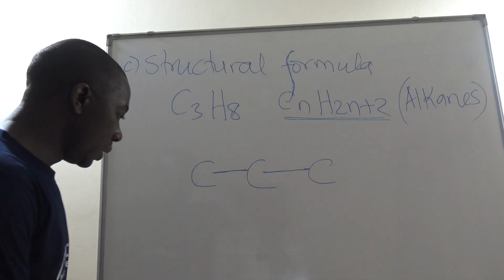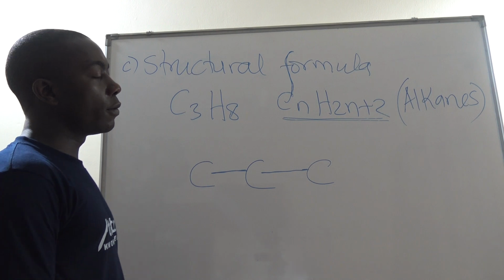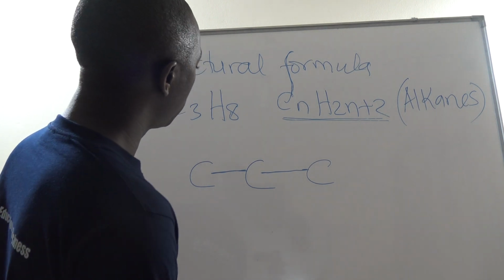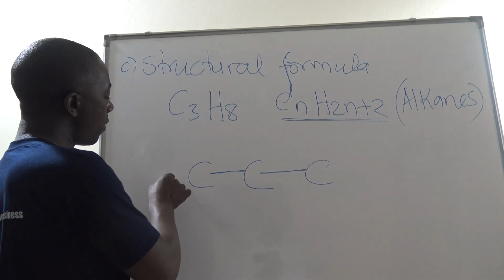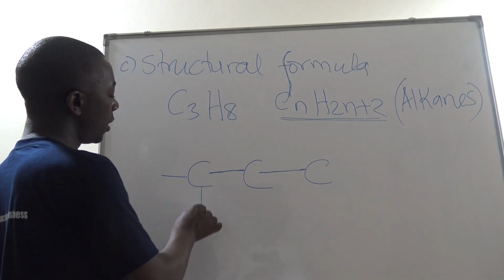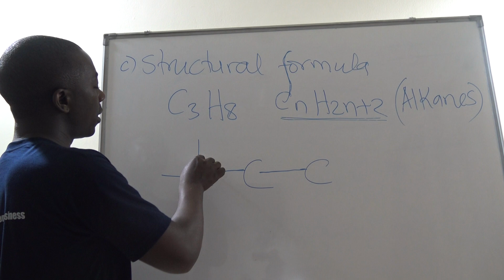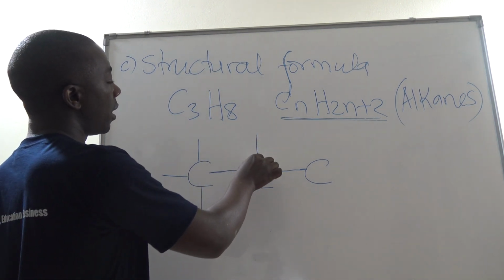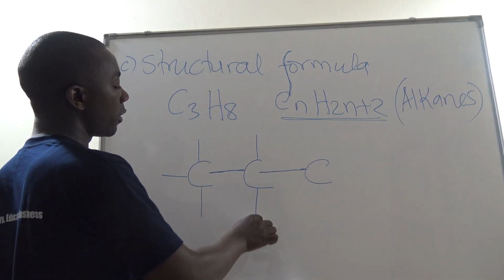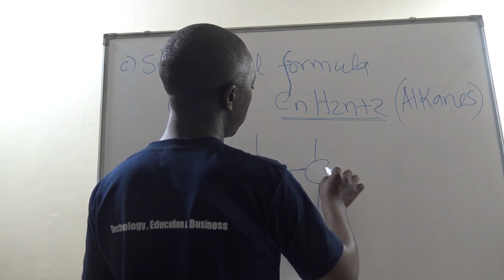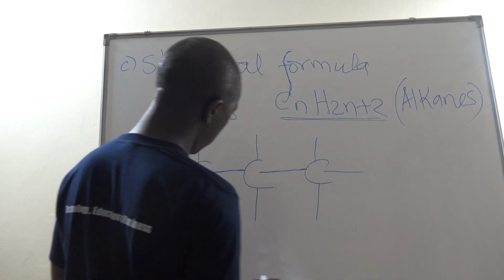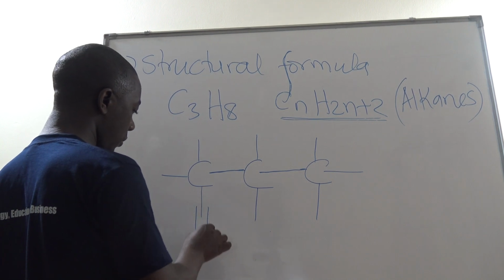Catenation is the ability of carbon atoms to form long rings and chains. Now, each carbon atom should take a maximum number of 4 bonds. Every carbon should take a maximum of 4 bonds. That means we should allocate where the hydrogens go. That's what we're doing now. So this is hydrogen.